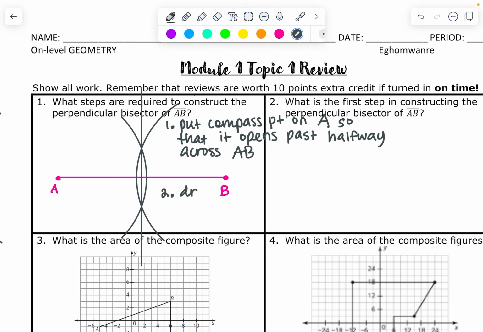Step 2, you're going to draw a circle or arc, then repeat from point B, and then you're going to draw a line through the intersection.